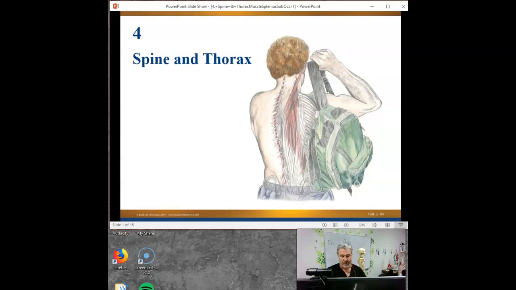Okay, what action does the supraspinatus create? The one on top. Abduction. You are 100% correct. Thank you. What action does the subscapularis create?